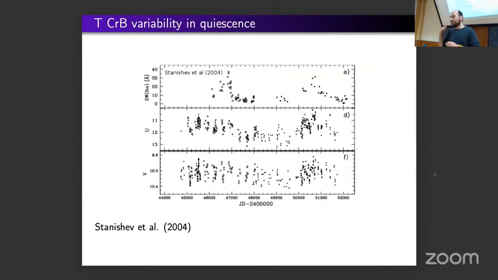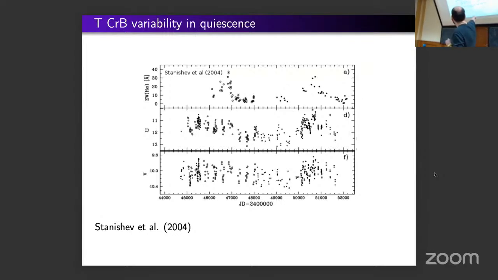So here is a short part of this previous light curve on the bottom, and in the middle we see the light of EU, and on the top the equivalent width of H alpha. So as you can see here, the variability is best seen in the equivalent width of H alpha and almost invisible in B.